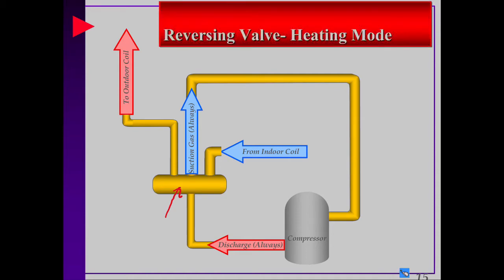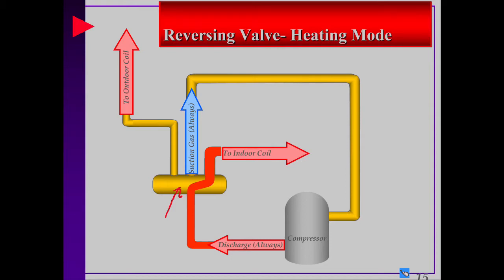reverse it and go into the heating mode, just notice what change will occur on this one. That one would now redirect that gas and send the hot gas that the compressor was making to the indoor coil. That'll be inside your building providing heating.